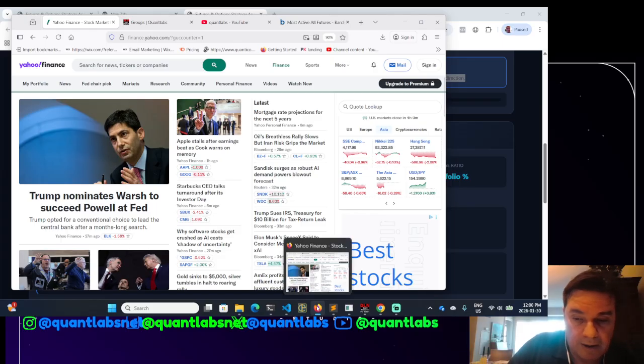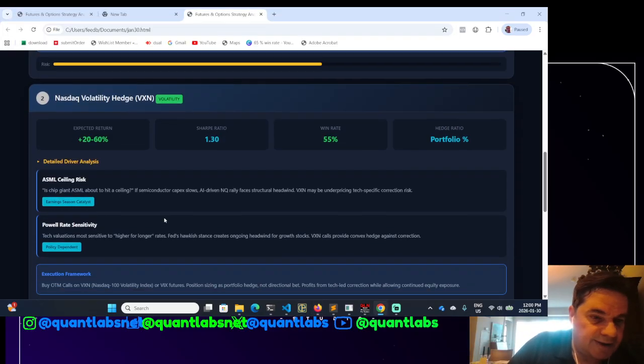Coming back to this, here we have a Nasdaq volatility hedge. I've talked about volatility, especially for the stock market. The market just came out with ASML out of the Netherlands: chip giant about to hit a ceiling. That's a headline from a news item.